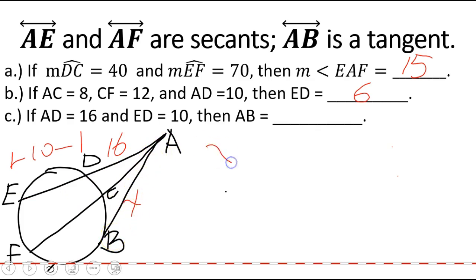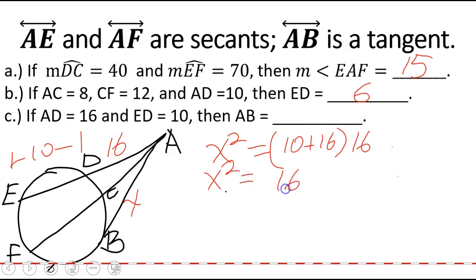So it's going to be x times x, which is x squared, equals, and then we take the whole length. The whole length EA. So we add it up, 10 plus 16, which is 26. Let me just write it first like that. And then times the part that is outside, which is 16.